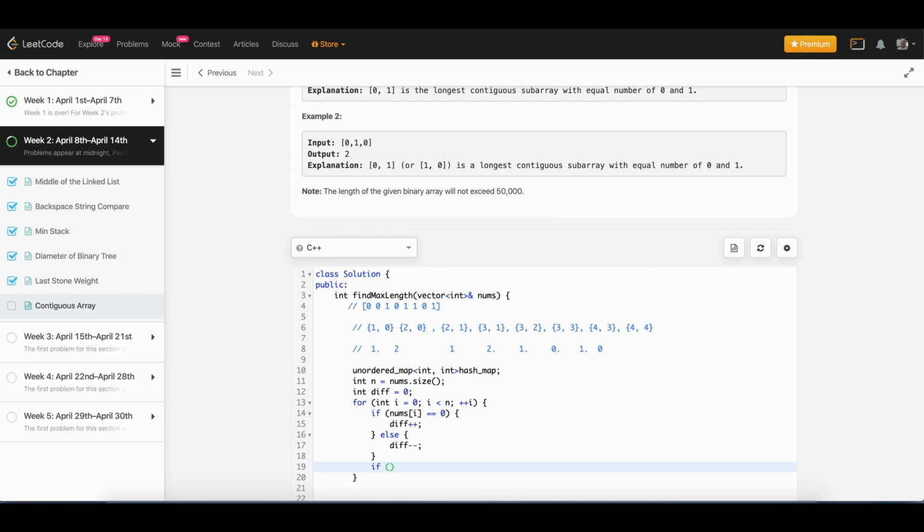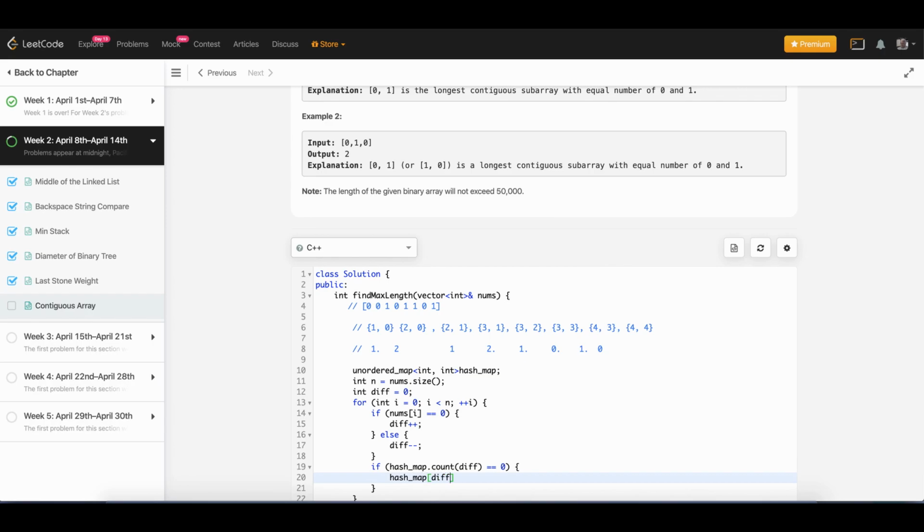And if the hash map does not have this value before, hash map dot count diff, then we'll store the value.